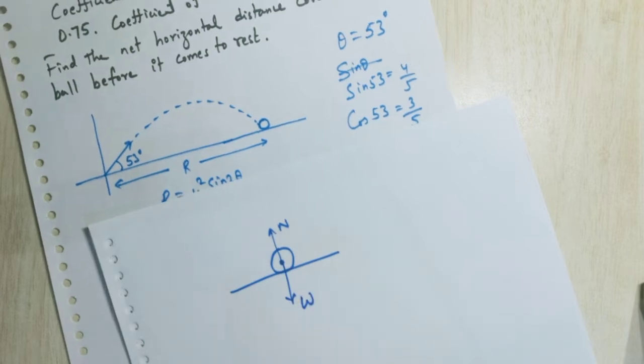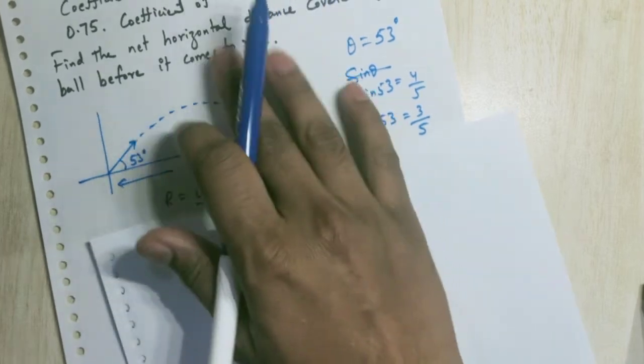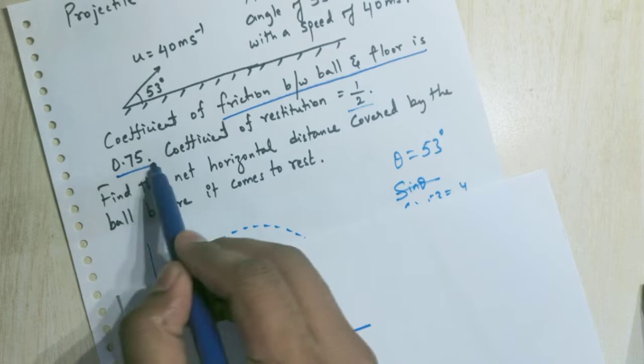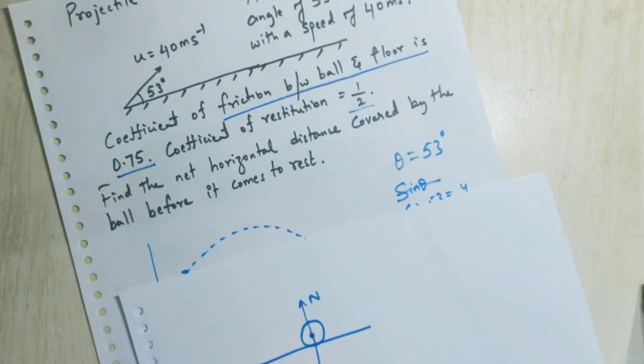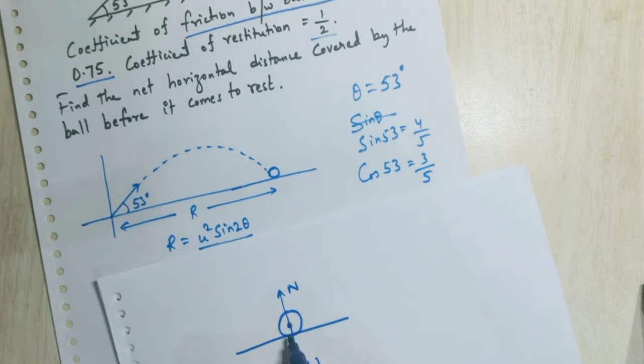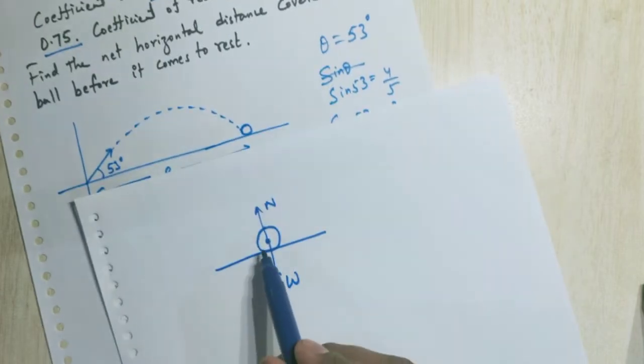And in the question it is also given that the coefficient of friction between the ball and the floor is 0.75. For that, should we include the force of friction acting here or not?